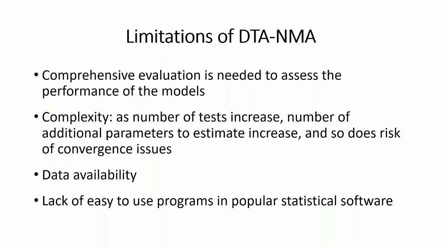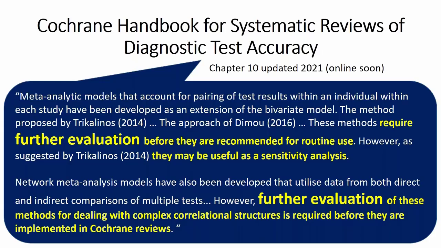The models are complex. As the number of tests increases, the number of parameters increases, and so does the risk of convergence problems. Even when the methods are available, we might not have the sort of data that we need, and also we don't have easy to use programs, so accessibility to these methods is limited.